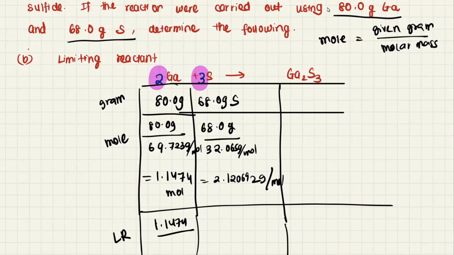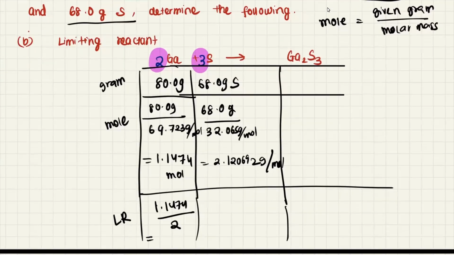Balancing is really important, otherwise you won't be able to solve this question. So divide that by 2, because the coefficient of gallium is 2. When we do that, we get 1.1474 divided by 2, which is 0.5737 mole.